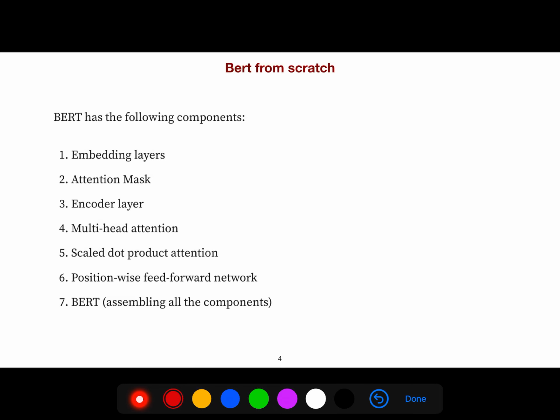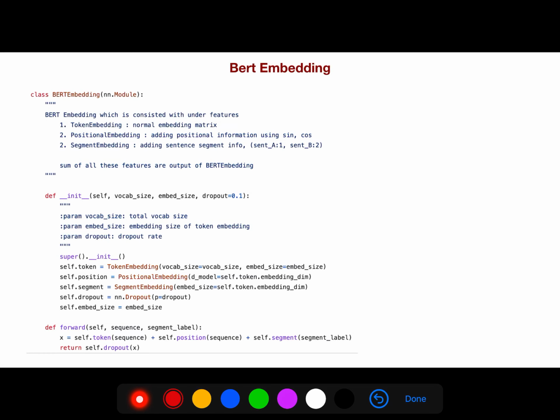So let's implement BERT from scratch. What we need: embedding layers, attention mask, encoder, multi-head attention, scaled dot-product attention, position-wise feed-forward network, and finally we need BERT assembling all of these components. So for BERT embedding, first of all, in the init method, we have token embedding.